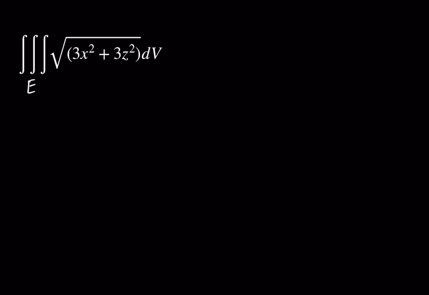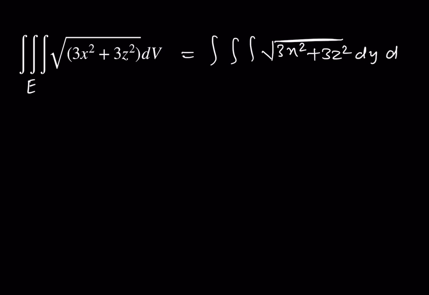Let's solve the integral now, which is equal to the integral of square root of 3x² + 3z². Write dV as dy times dA. Y limits are 2x² + 2z² to 8. For integrating with respect to y, this part is constant, so write it as it is.